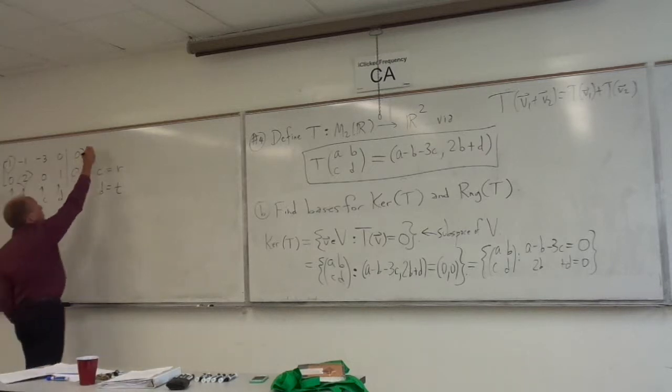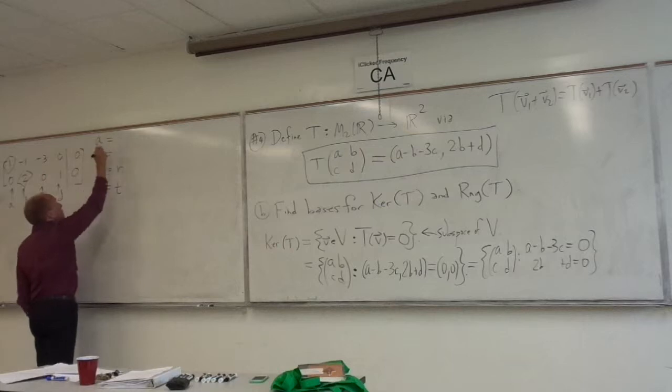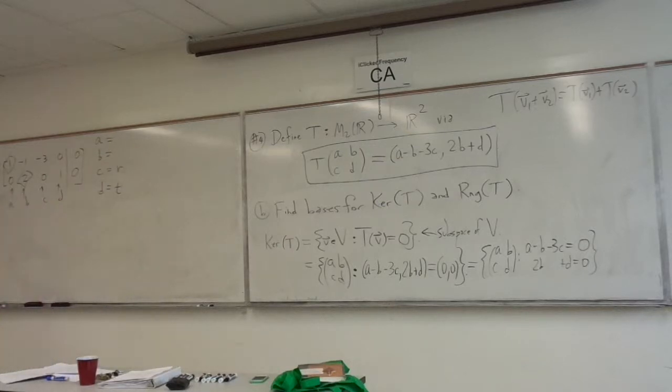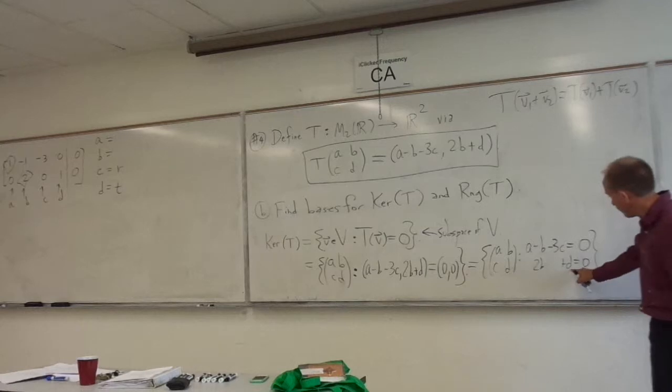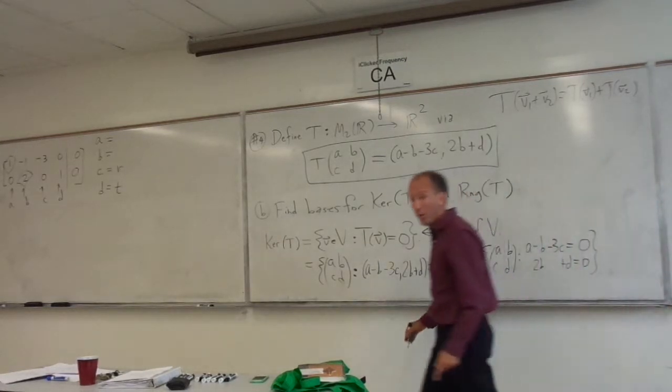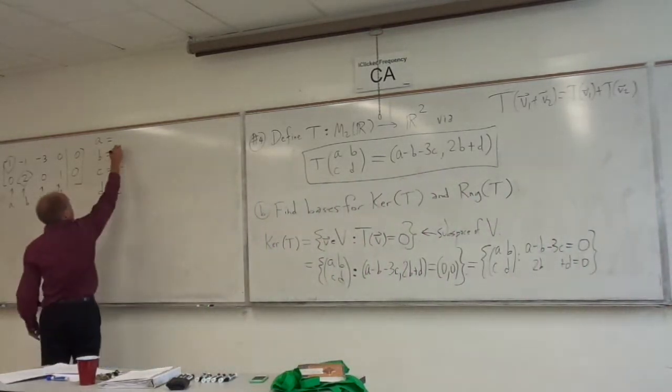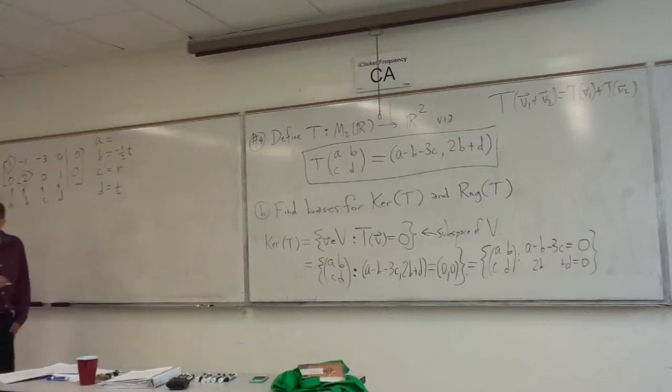Then I can go backwards and figure out what A and B are. So what will B equal? -1/2. Yeah, if you look at the bottom, well, of course you can just solve it from here. If you put in T for D and solve for B, you're going to get -1/2 of T. Right, so -1/2 T would be what B is.